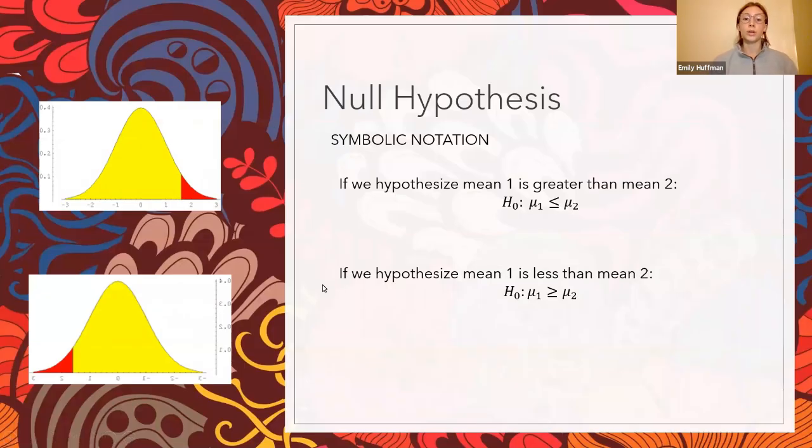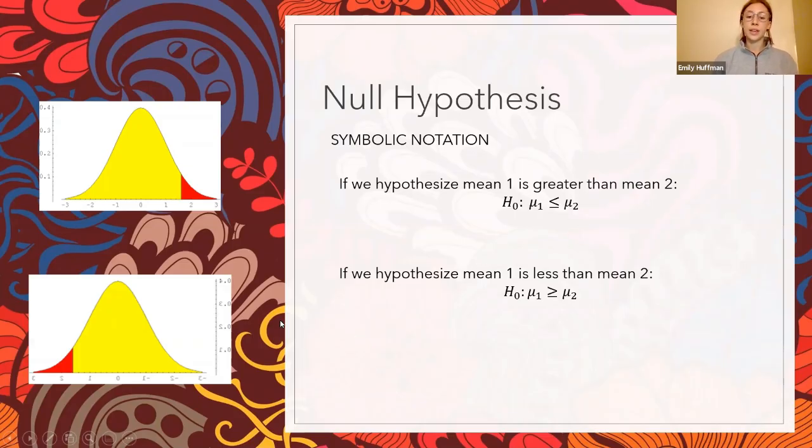Now we are going to start with our null hypothesis. In symbolic notation, if we have a statement that says we hypothesize that mean 1 is greater than mean 2, our null is going to want to say the opposite. So our null will say H naught: mu 1 is less than or equal to mu 2.